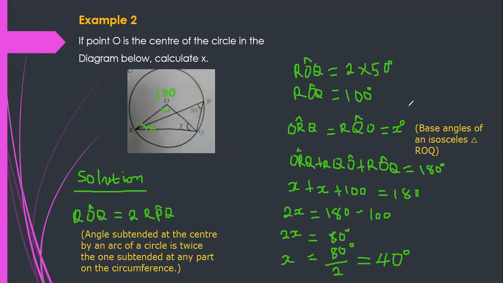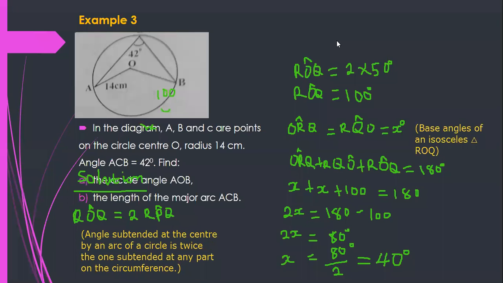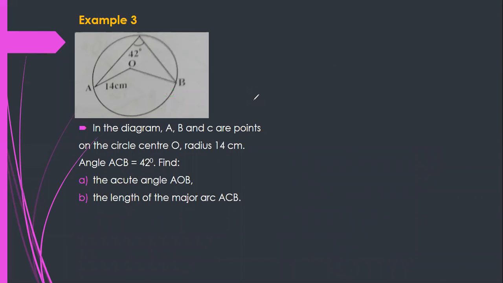So let's take a look at another example. Example number 3. So let's get rid of this. So this is another example. In the diagram, A, B, and C are points on the circle center O, which radius is given as 14 centimeters.